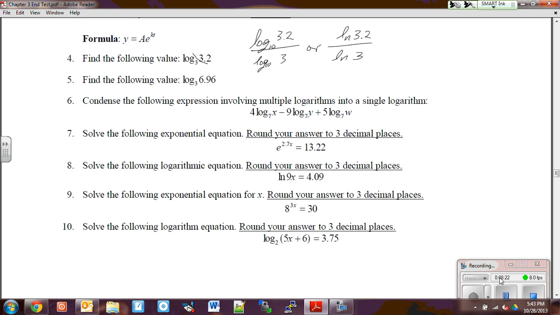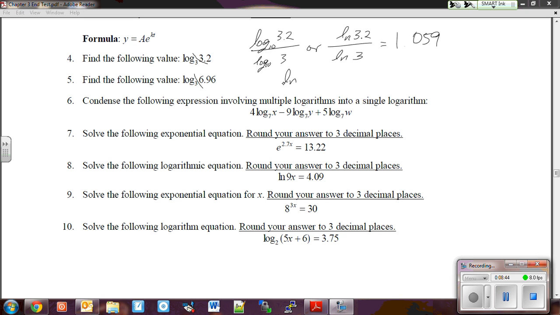Both will give you the same answer. So the natural log of 3.2 divided by the natural log of 3, because like I said, they'll both give the same exact answer. It is 1.059.